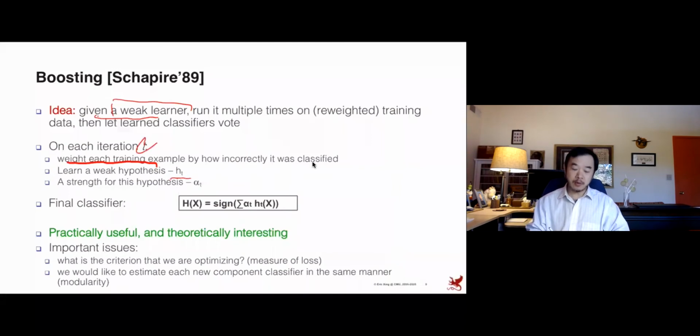And then you are also going to somehow compute a weight, a strength of the hypothesis, okay, based on the current performance of that hypothesis. And then at the end of the day, you make a weighted combination of all these weak learners, and then you are going to make a decision based on the total outcome.